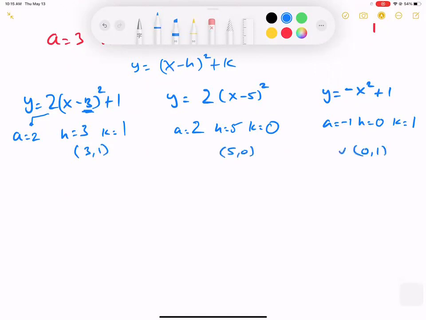This is my vertex. If we know our vertex, we know where to start the graph. Okay, the vertex is at 3, 1. So the a value, 1 step over, how many steps up? Just like a line, 1 step over, 2 steps up. 1 step over, 2 steps up.